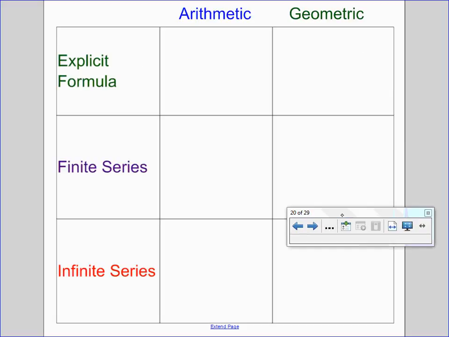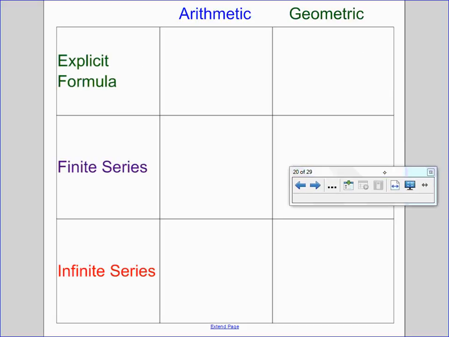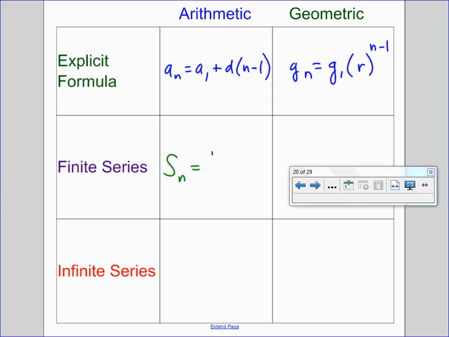So we've got our explicit formula for arithmetic: a sub n is given by a sub 1 plus d times quantity n minus 1. For geometric, g sub n is given by g sub 1 times my constant multiplier r to the n minus 1. For a finite series, the sum of n terms is given by n times quantity a sub 1 plus a sub n all over 2.